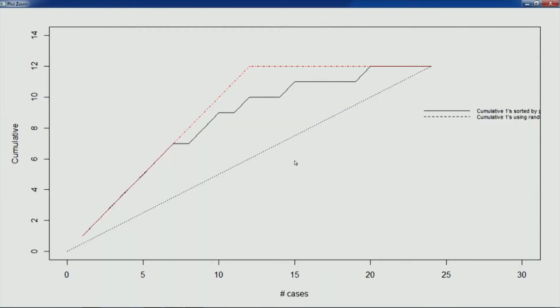Now how is our model performing? You can see the cumulative actual class values, and the stepwise line in black color is the performance of our model. As the number of cases increases, we can see the gap or separation between this reference line and the actual line increasing.